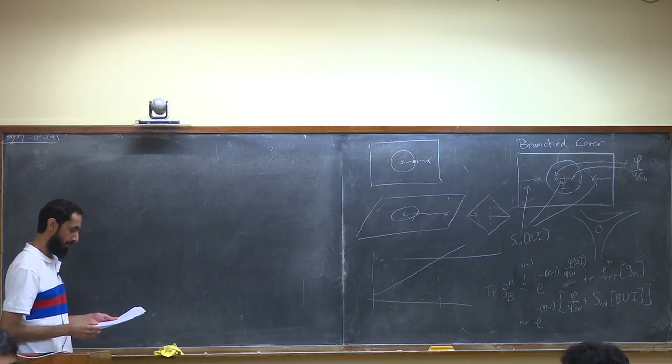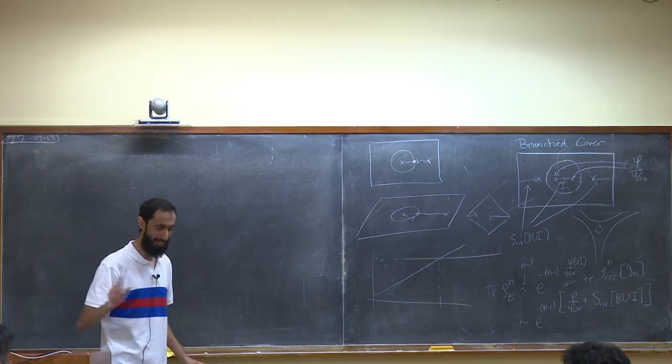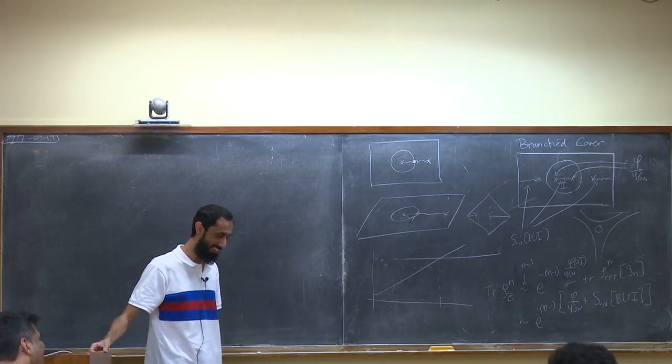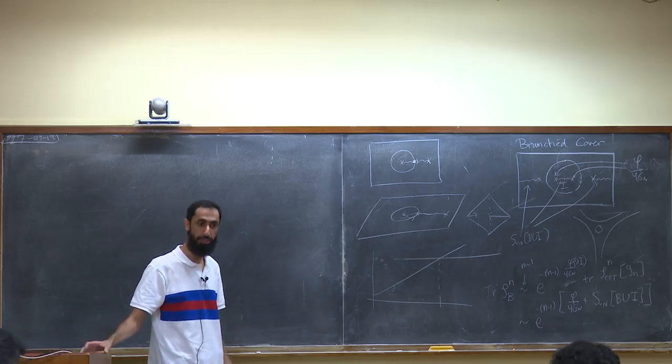Okay. Now the thing that I was going to say was that this effect of wormholes in the replica calculation is a general thing. It can apply even in higher dimensions.